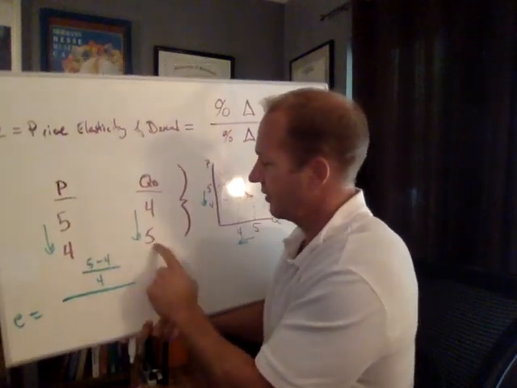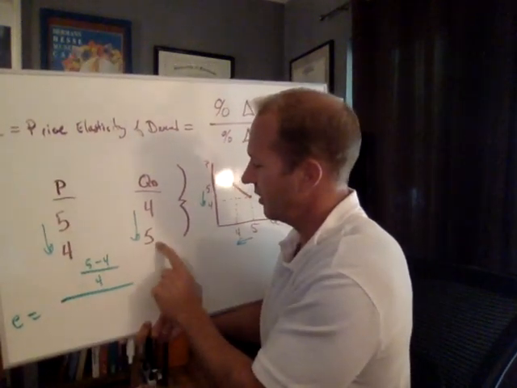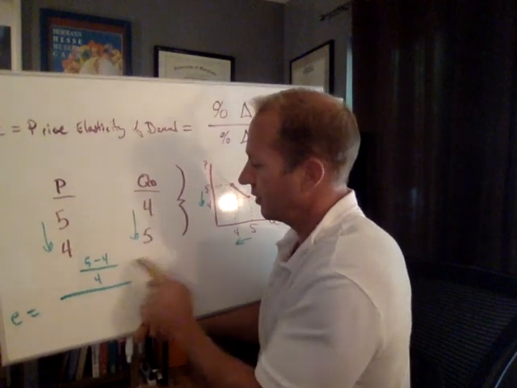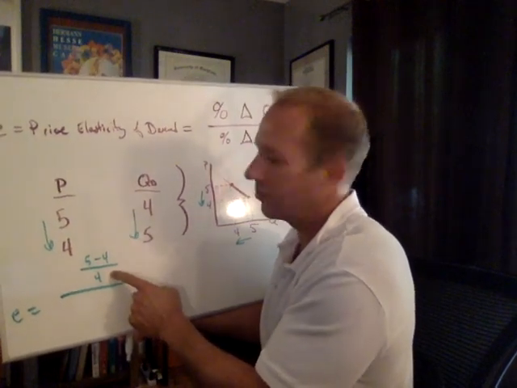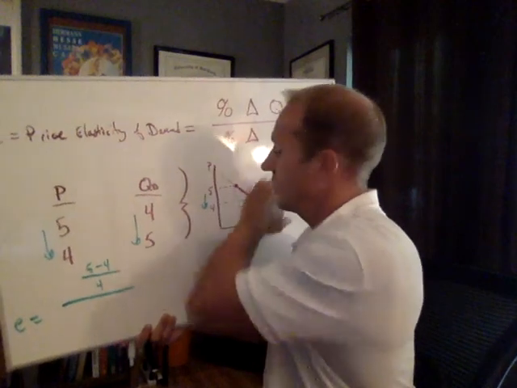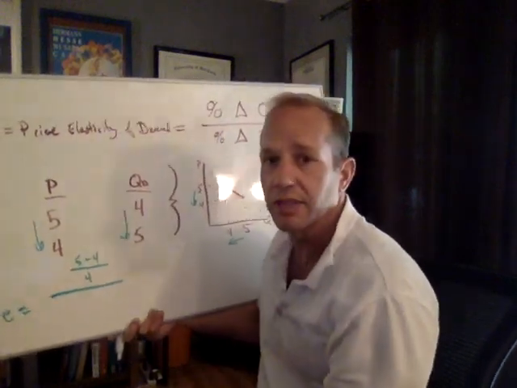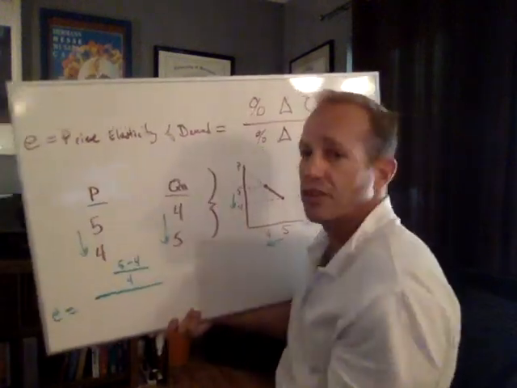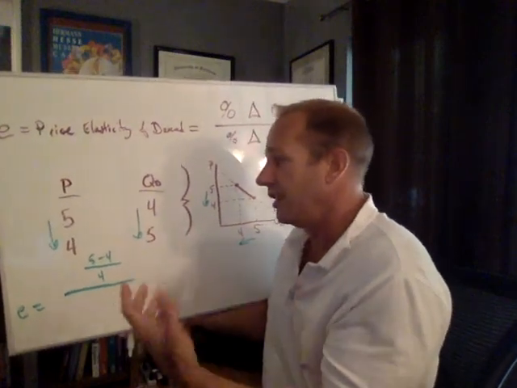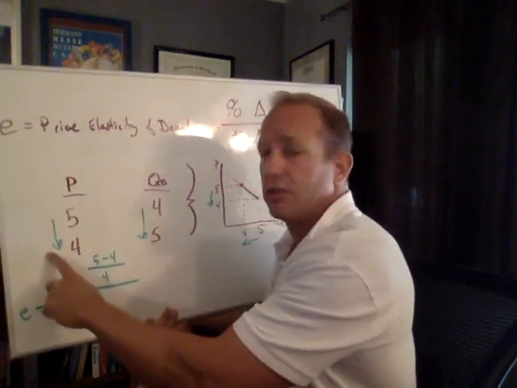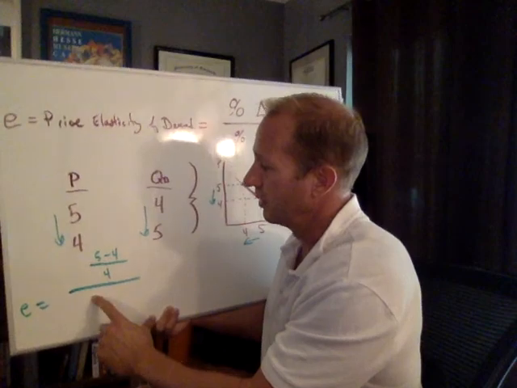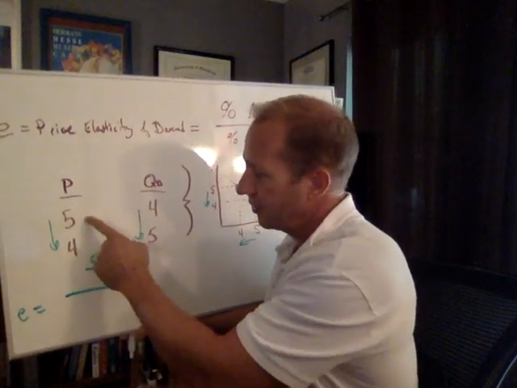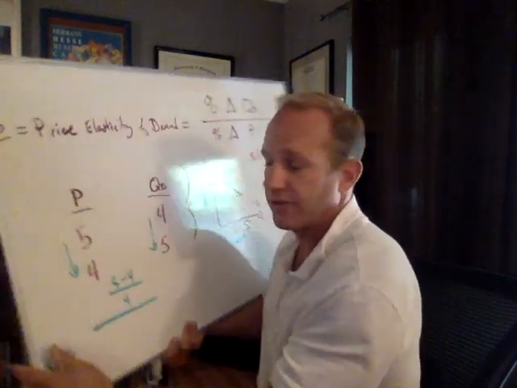New, because the price fell, the quantity is here now, minus old over old. That's the percent change in the quantity demanded, and those are the values just plugged in right there. Given this price fall, my new price is 4 minus 5, because that was the old price, over 5. 4 minus 5 over 5.